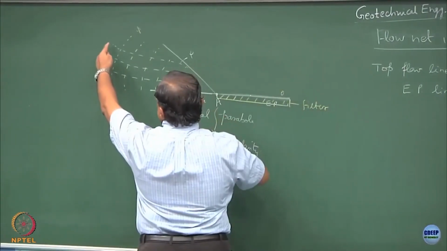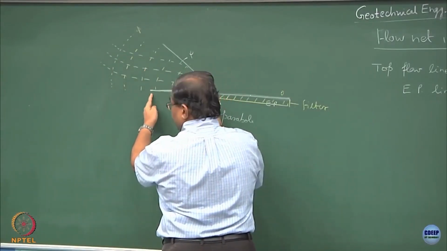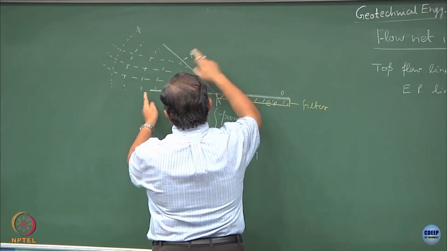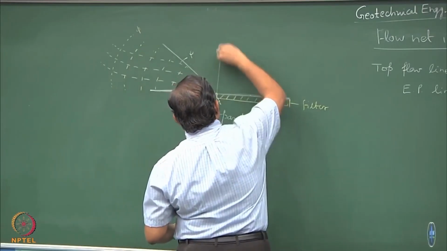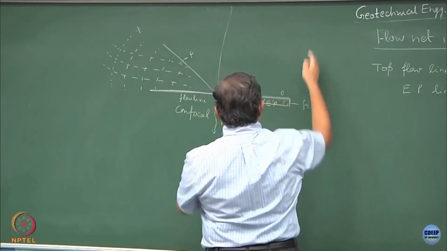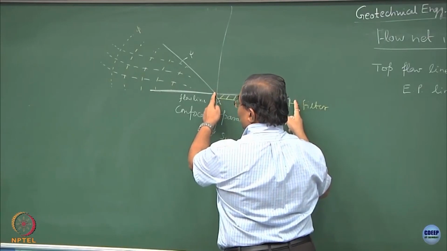The way we have plotted the flow lines, we have assumed this to be the bottommost flow line, and all the equipotential lines, when you plot them in totality, would extend up to this regime, and this line would become the bottommost equipotential line. Clear?